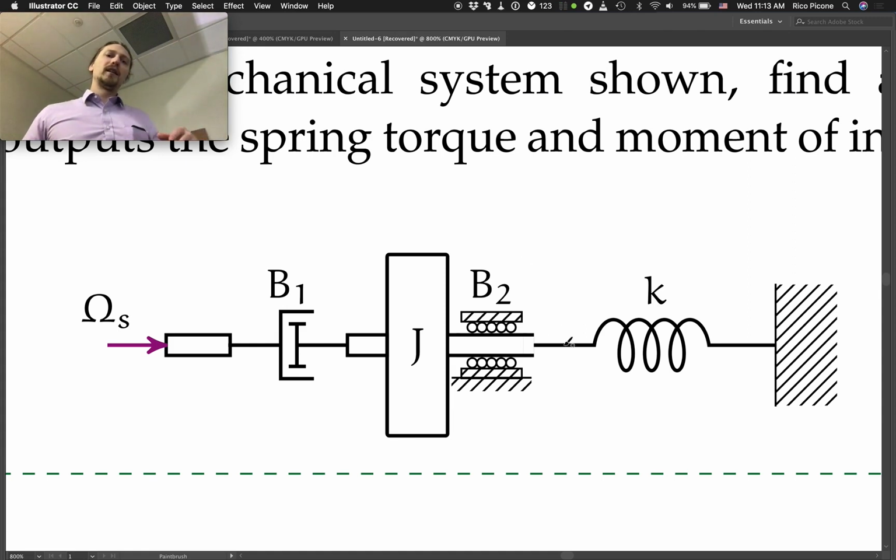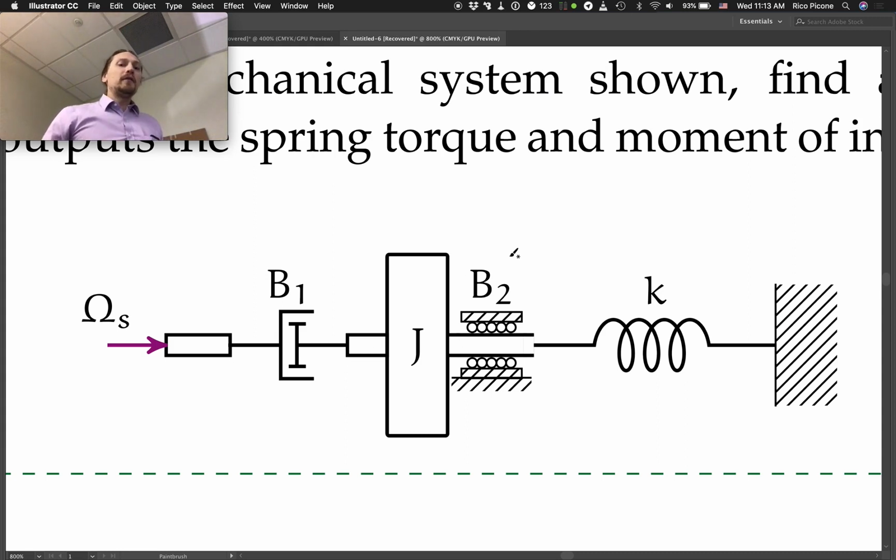If you're just thinking of slowly ramping up the speed, the flywheel will turn. So you can imagine your input speeding up, and your flywheel is turning a little bit more, a little bit more. The more torque that gets transmitted here, the more torque the spring needs to resist that, which means it has to be displaced more and more. Its angular position is going to be greater and greater.